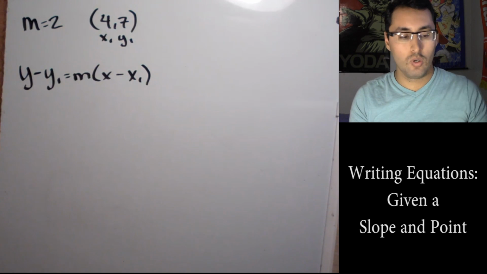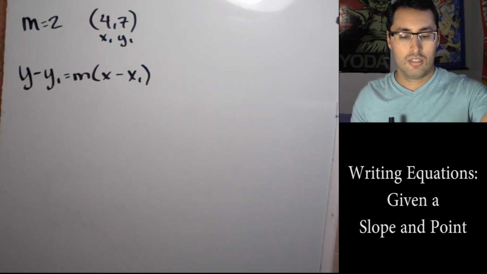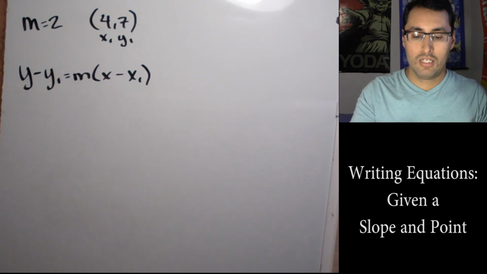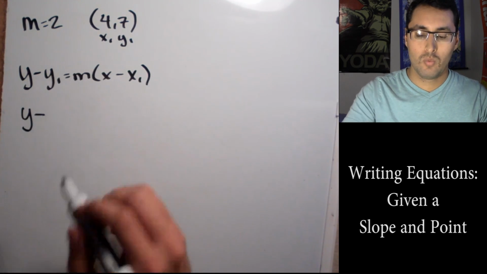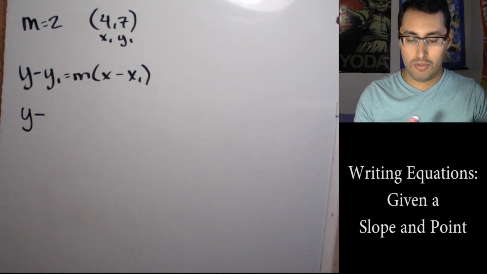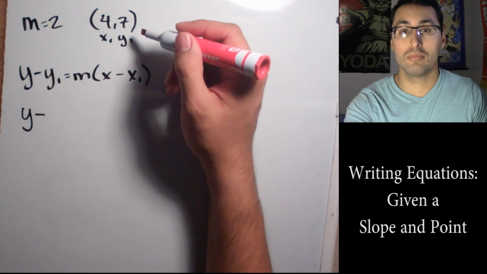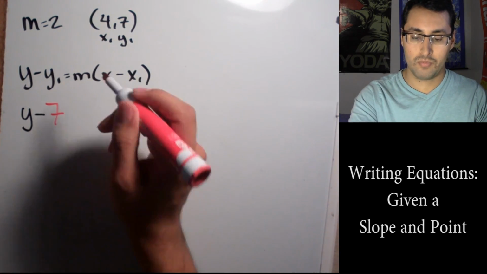Alright, so with this, I'm going to rewrite the formula. I'm going to have y minus, well, our y1 here, I wrote over here, our y1 just means our first y. It's 7, so I'm going to put 7 right over there.